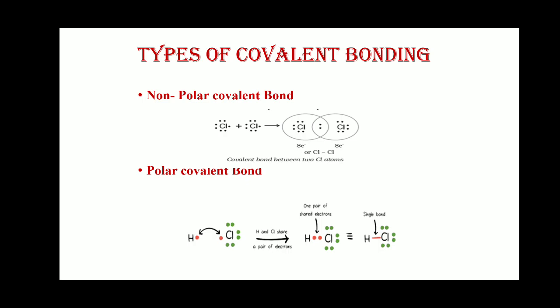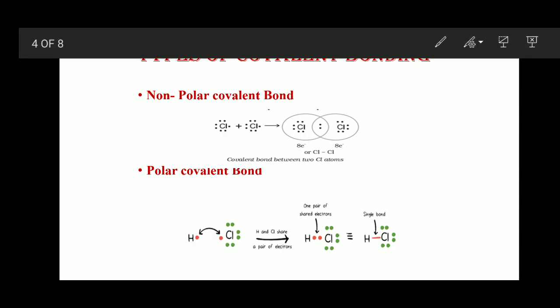Here is one chlorine atom and this is another chlorine atom. Both the chlorine atoms are sharing their electrons equally. If they are sharing the electrons equally, then you say it is a non-polar covalent bond.